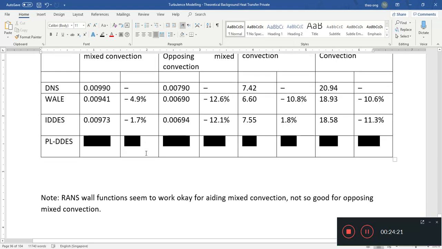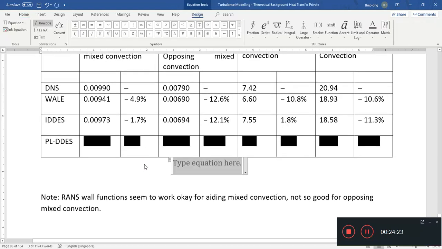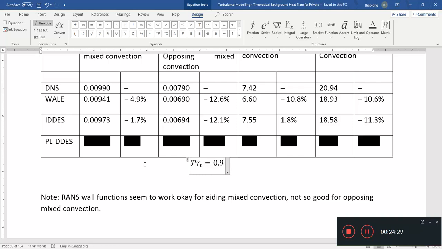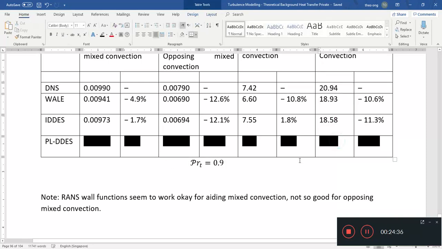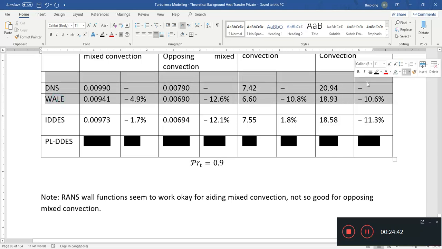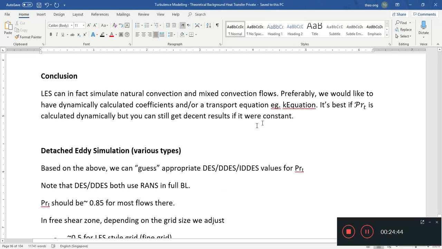For this data set, the turbulent Prandtl number is actually fixed at 0.9 throughout the boundary layer and the center. And even then, it can produce decently agreeing results for these flows in the LES case where you have the wall model. So you can still get decent results, as you can see here.